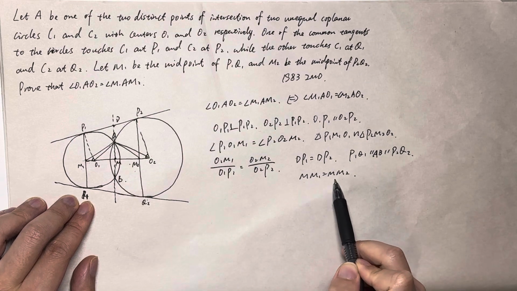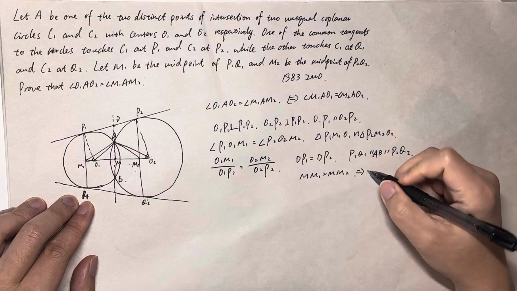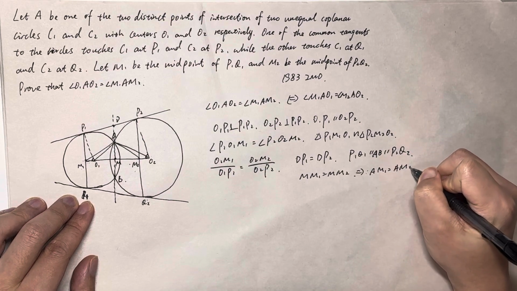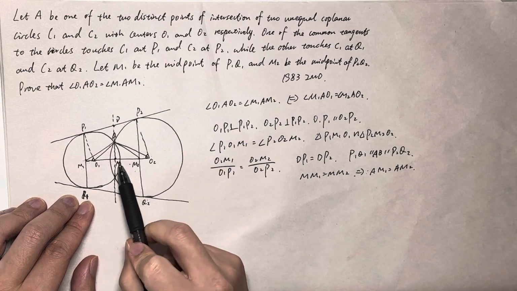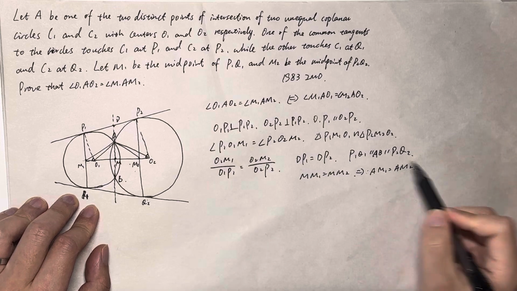So MM1 equals MM2. And from here we get AM1 equals AM2, because AM is perpendicular to M1M2 and MM1 equals MM2.